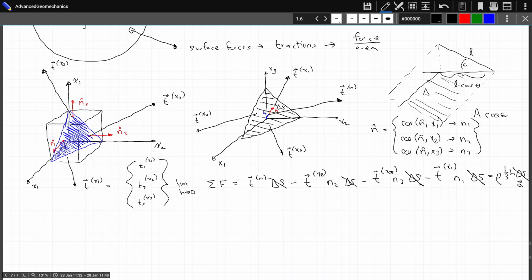So take the limit as h goes to 0, the whole right-hand side goes away, right? So now I just have essentially f equal to 0.